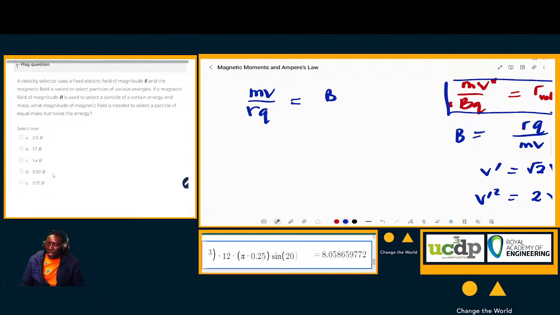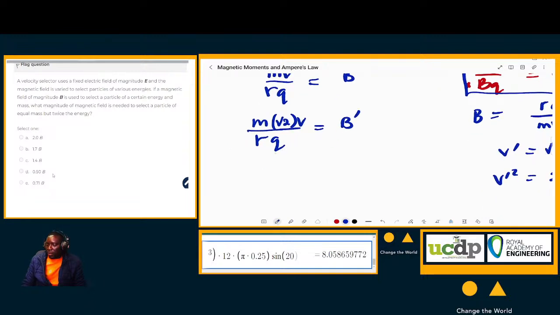Then for the new kinetic energy, which is twice, the mass is the same, but the velocity is root 2 v. So we want to select particles of equal mass but twice the energy. It is twice the energy because of the new velocity, and this is our B primer.